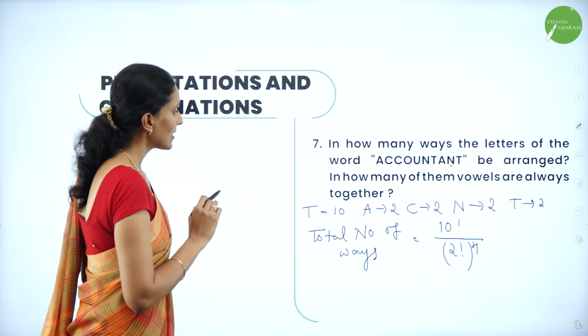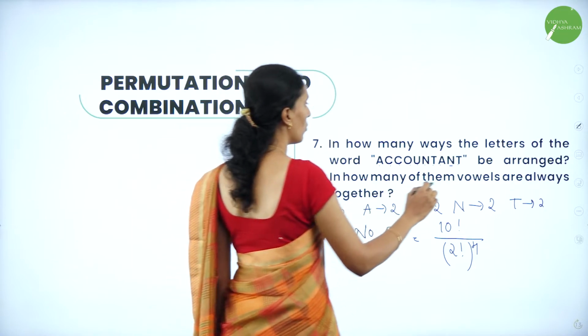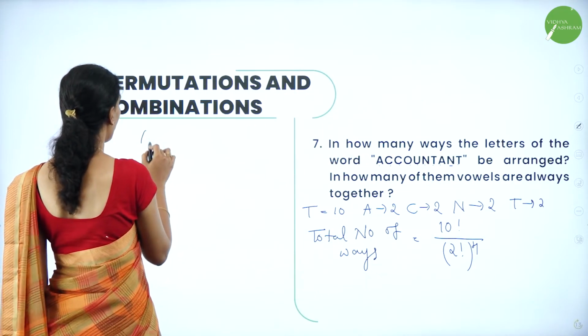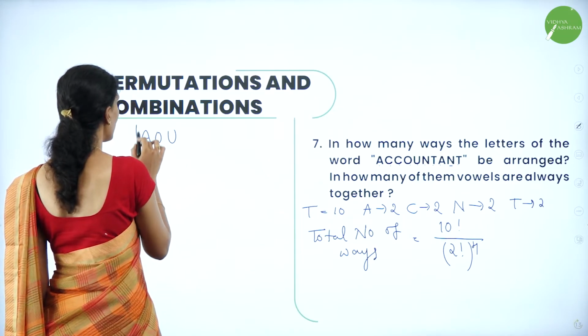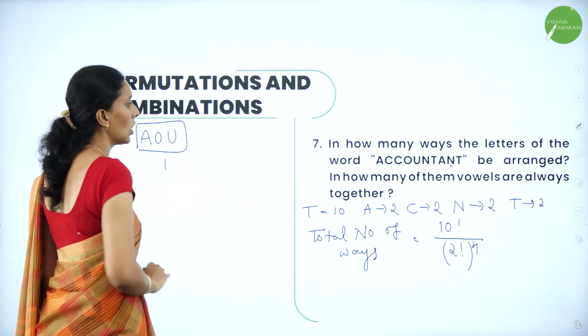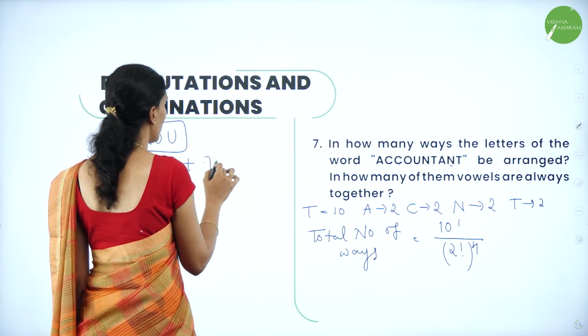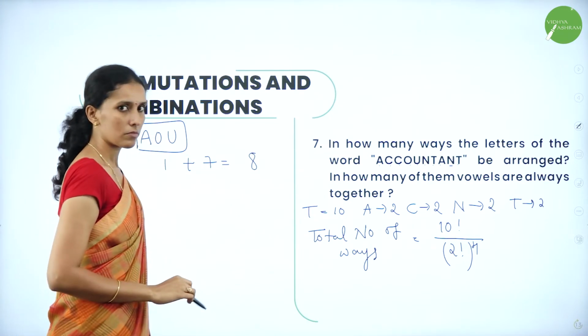But my sub-question is, how many of them vowels always occur together? So what are the vowels here? I have A, O, U. Tie them as 1 unit. Okay. So remaining letters are 7. So 1 plus 7 will be 8. Okay.